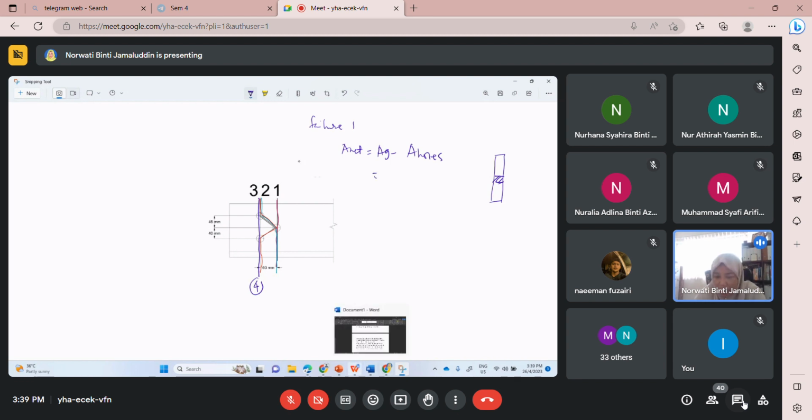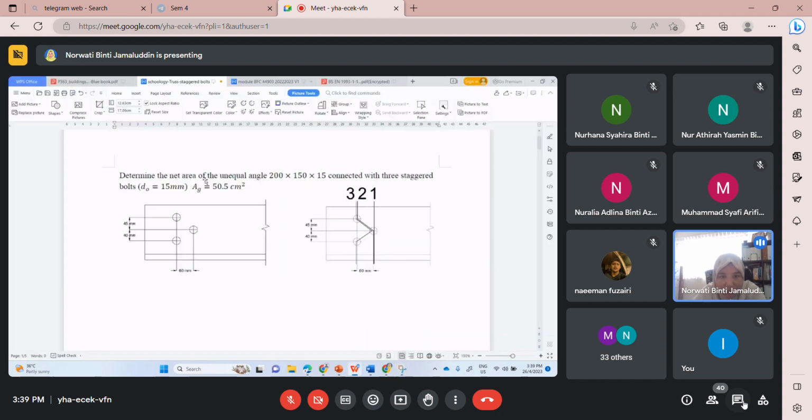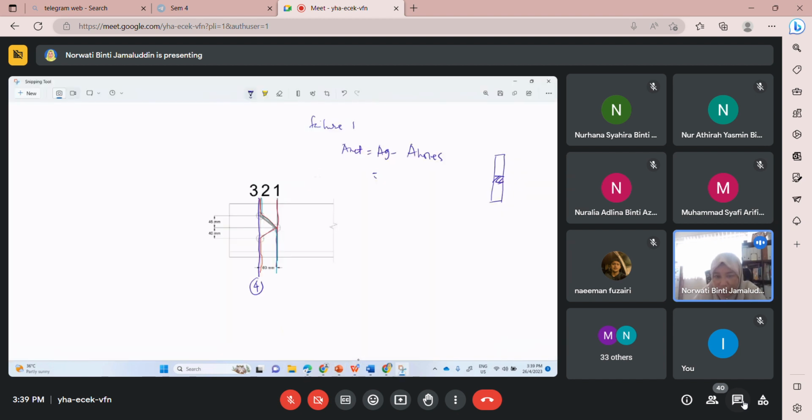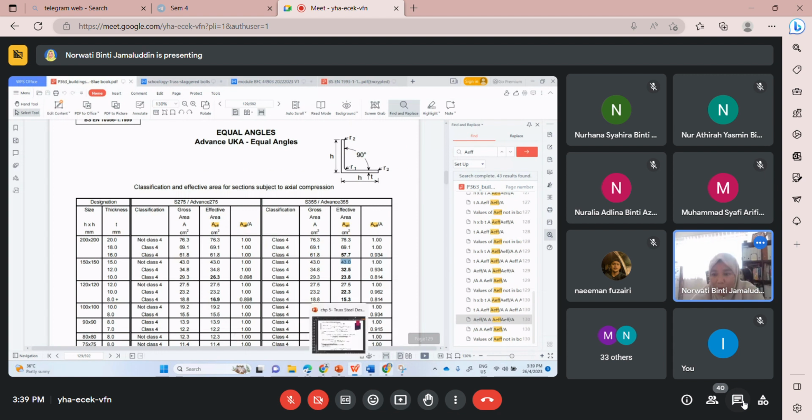In this example we are using an unequal angle, where the gross area of this unequal angle is 50.5 centimeters squared. If there is no data given and you only know the size, what you need to do is refer to the table for unequal angle.